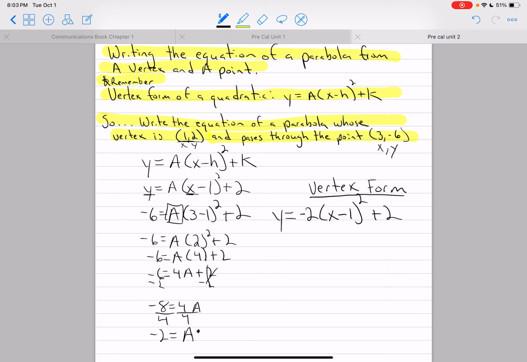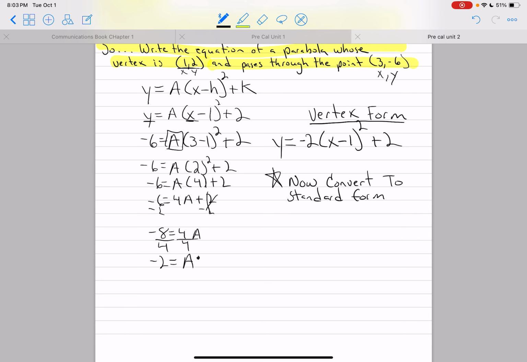Let's just say, though, we wanted to take this vertex form and convert it to standard form. So now we're going to convert, and there's no reason you have to, but you should just know how. Now, convert to standard form.